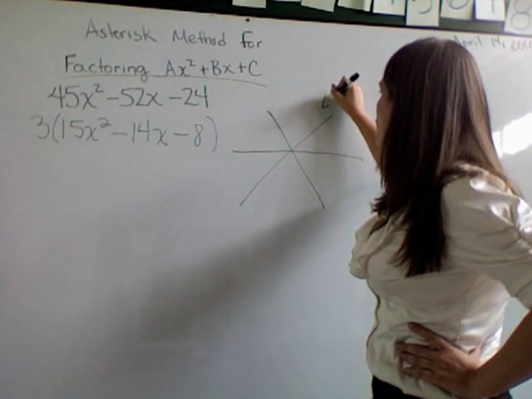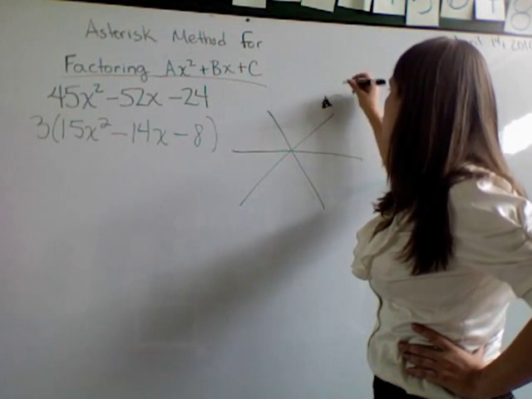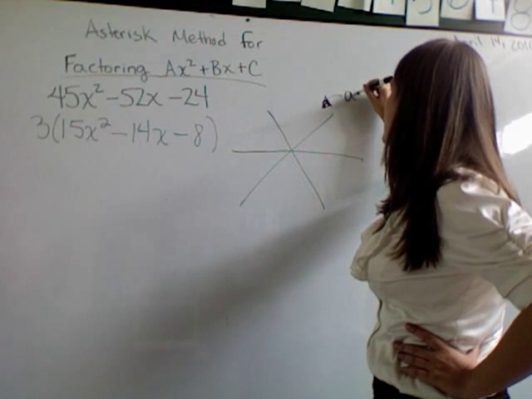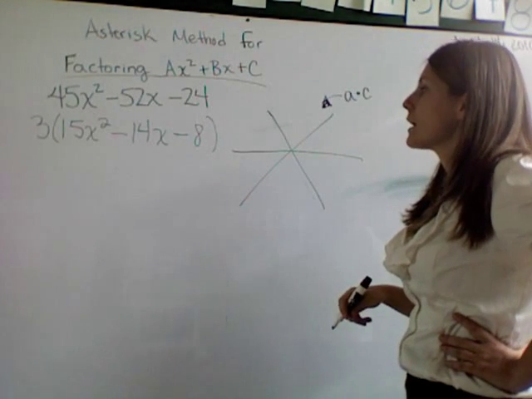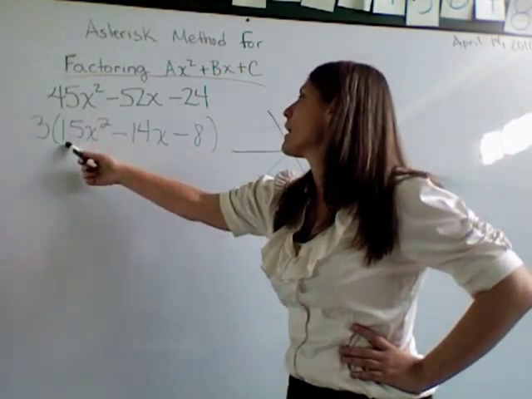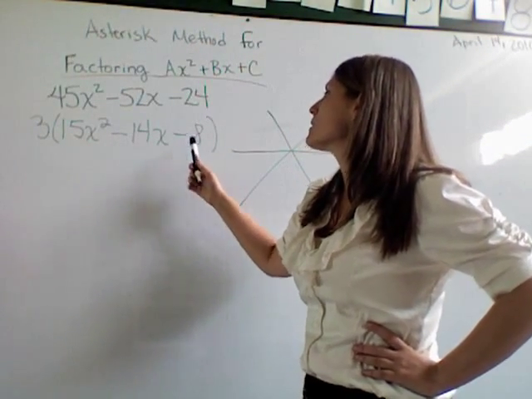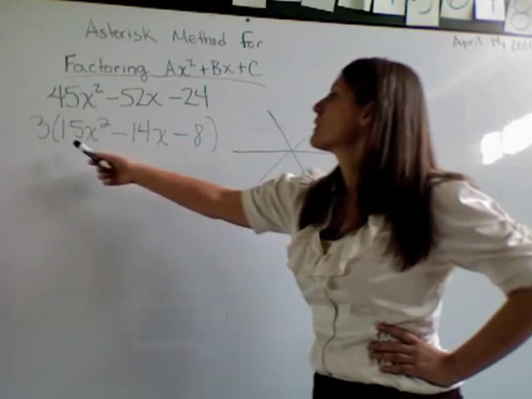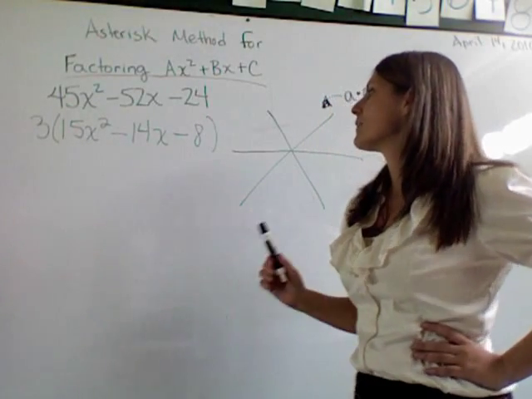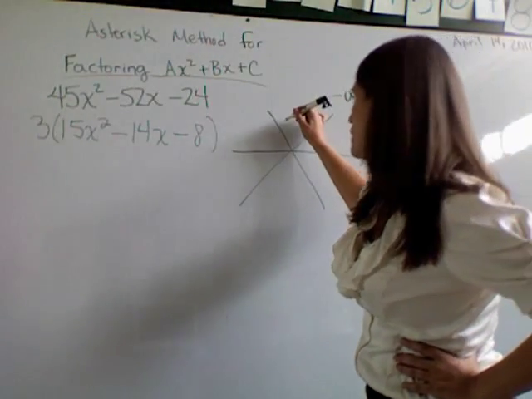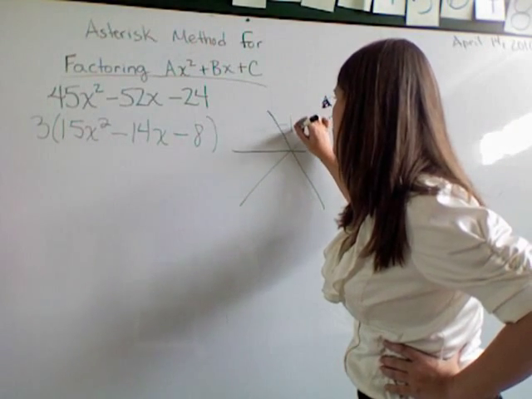In the top, we're going to put A times C. Well, remember, this is A, this is B, and this is C. So here we're going to put 15 times negative 8. And that will give us negative 120.